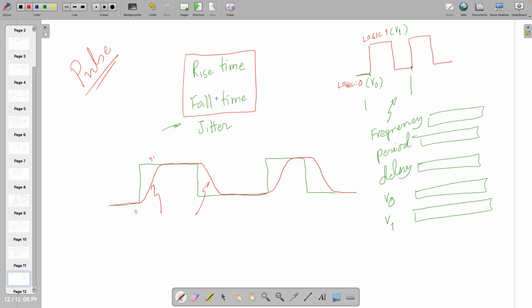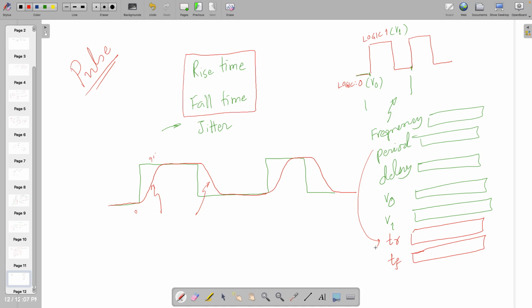Generally, if you don't give TR and TF, which refer to rise time and fall time, and keep them empty, it will automatically take something like 10% of the period. Some simulators take 5%, 1%.